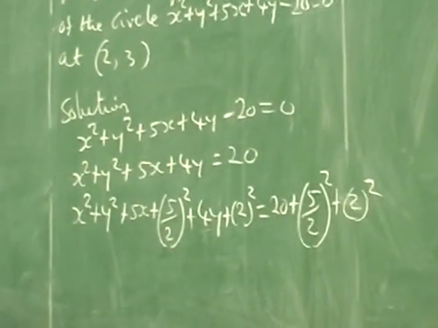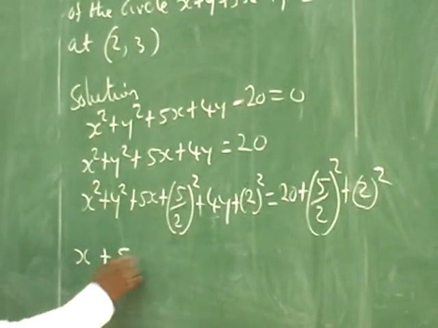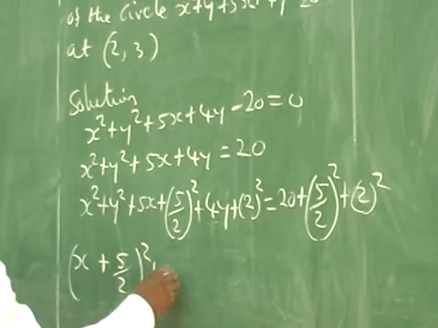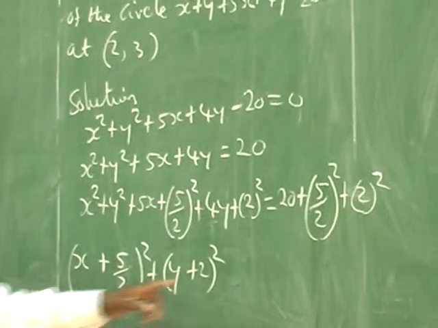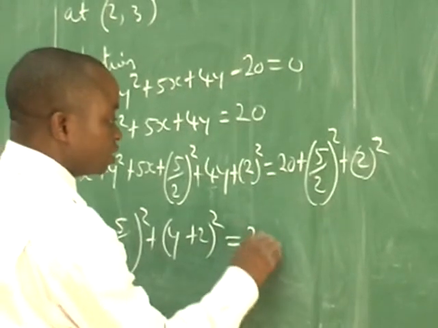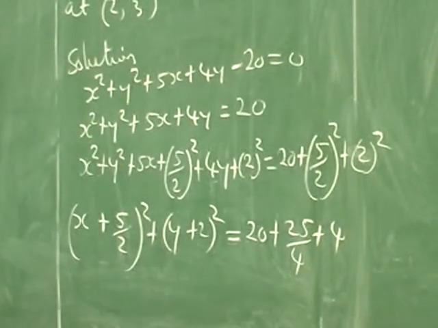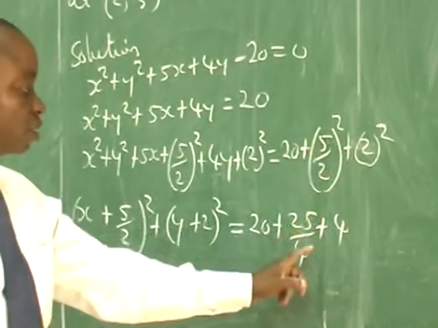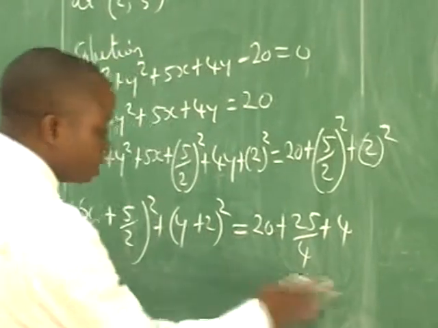So if we do that, we can now write this as (x plus 5 over 2) squared, taking this one, plus (y plus 2) squared, that is this one and this one, which is equal to 20 plus 25 over 4 plus 4. That is because 5 squared will give us 25, and 2 squared will give us 4. Now we can then take the LCM of this place.